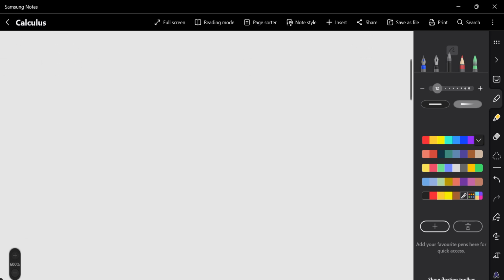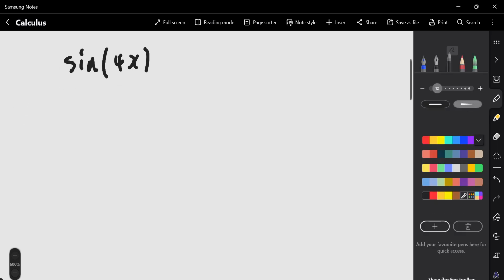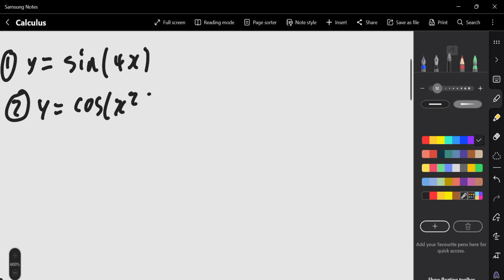Let's go. Number 1. y equals sine of 4x. Number 2. y equals cos of x squared.